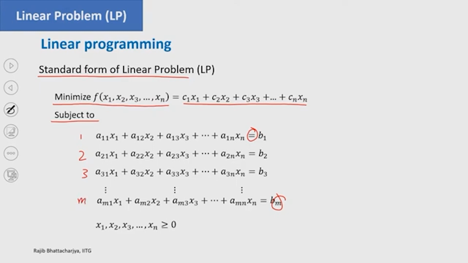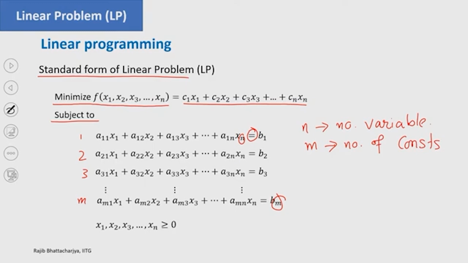So, we have m constraints, and how many variables do we have? We have a total of n variables. So, n is the number of variables, and m is the number of constraints. This is the standard form, as I said.